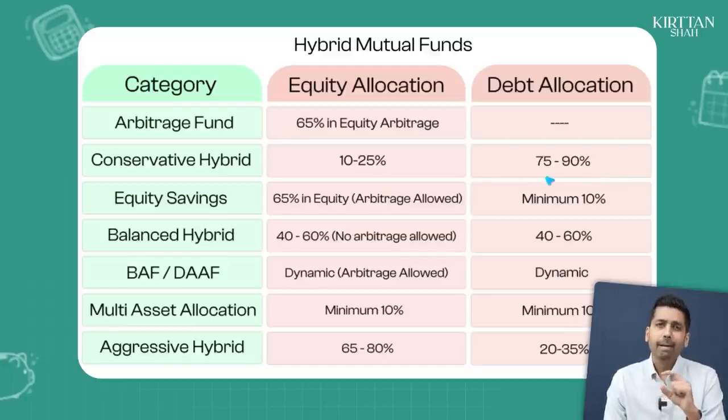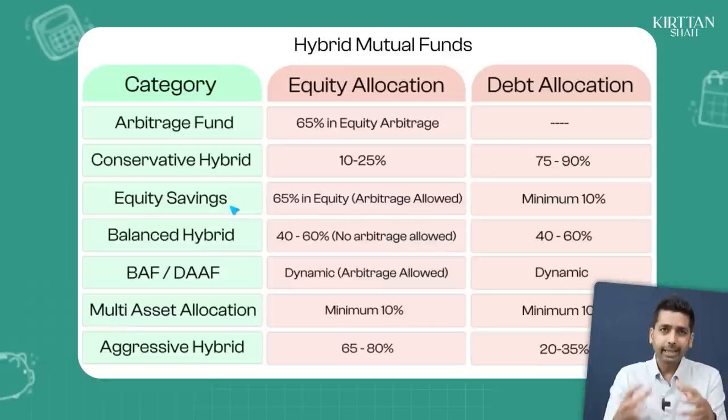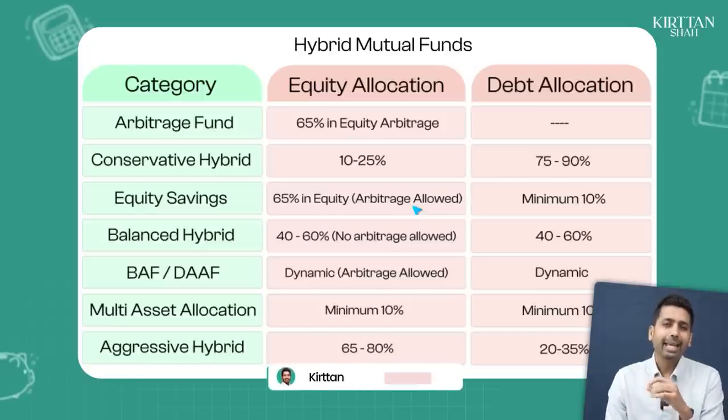The third, and probably in my opinion the most interesting product that a lot of people don't know about in this particular space, is something called the equity savings fund. Now, if you see, 65% of the 100 rupees that you will invest is allowed to be invested in equity, and the remaining can be either in equity or in debt.